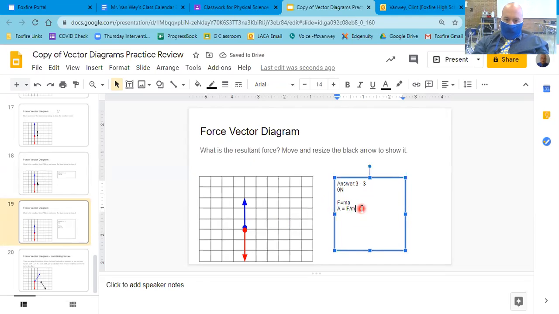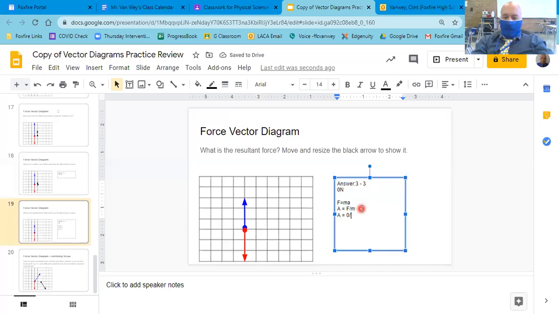You have to forgive the uppercase A, this thing keeps auto-correcting me. If the resultant force is 0, acceleration equals 0 over the mass.